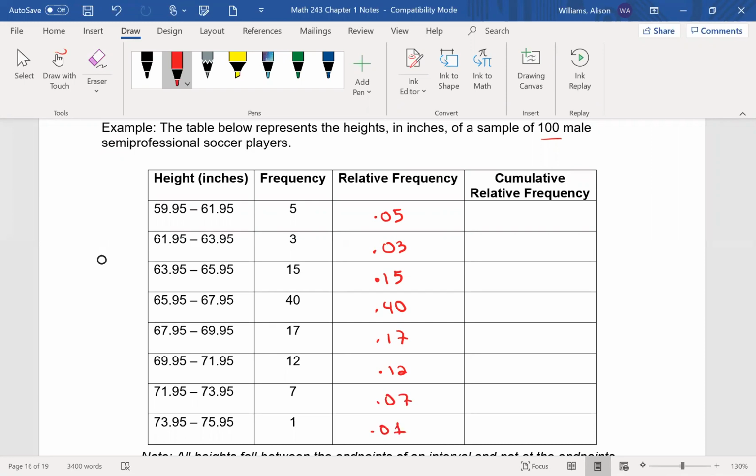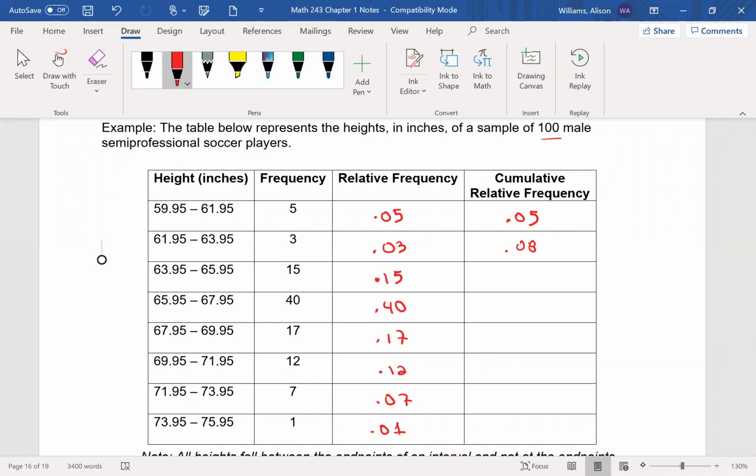So I would encourage you to pause the video and calculate all the cumulative relative frequencies, but I'm going to go through that real quick, and then we're going to answer a series of questions. The cumulative relative frequency for the first category always starts off the same as the relative frequency. The next one, we're adding the first two together, the 0.05 and the 0.03 for 0.08.